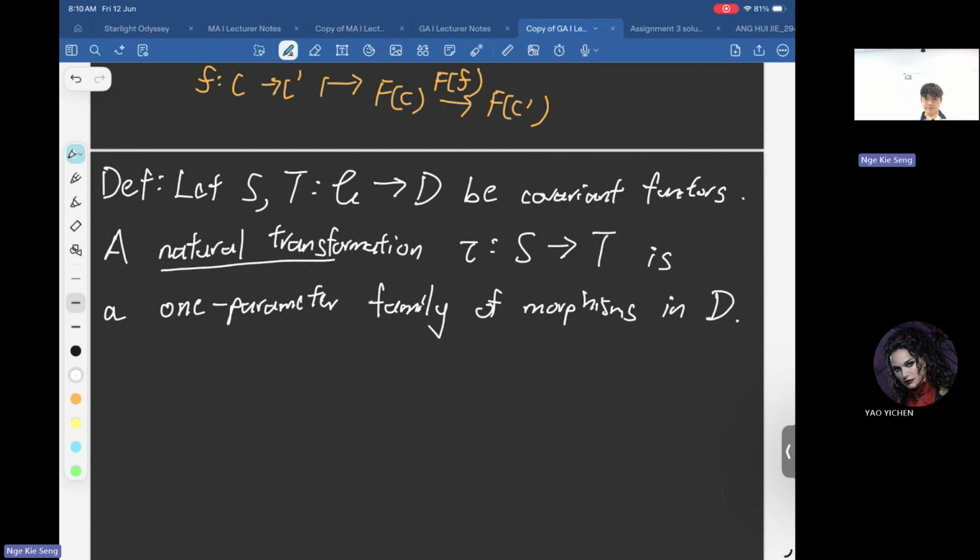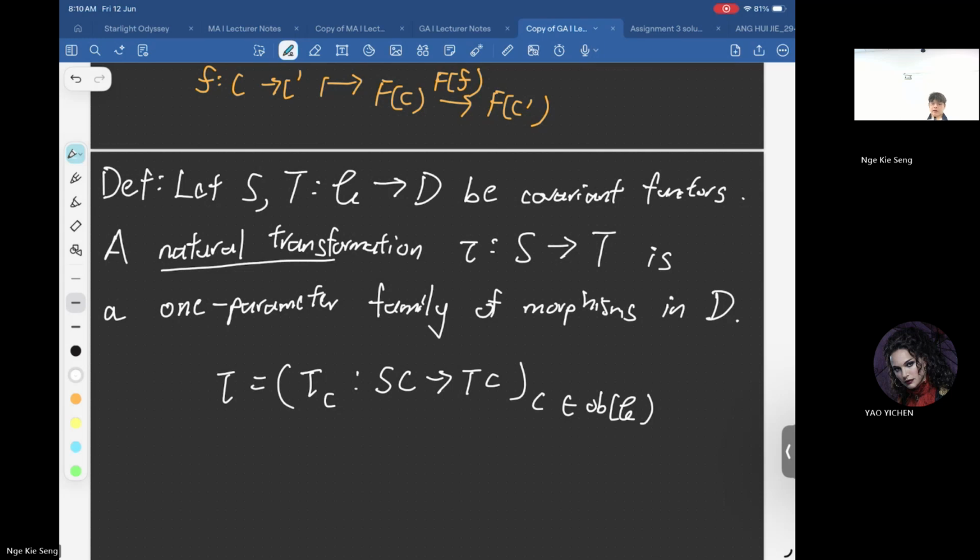It means that tau is defined for any C, such that tau C should tell me where I send SC to TC, for C in the source category.